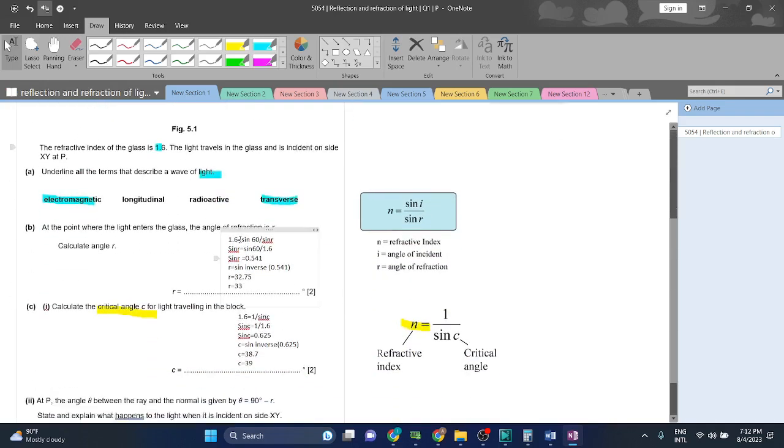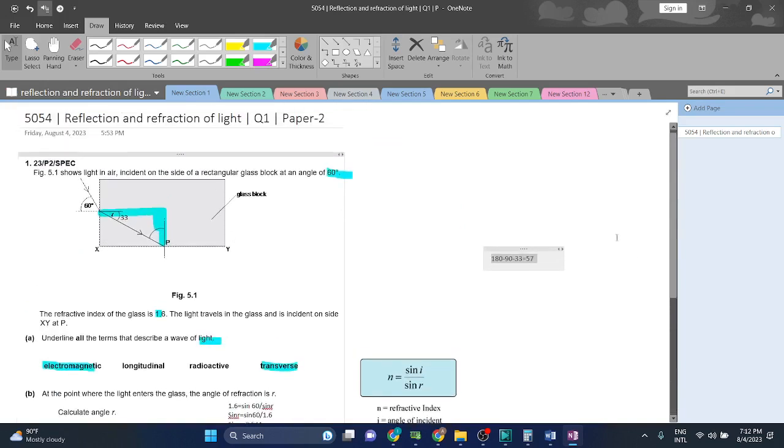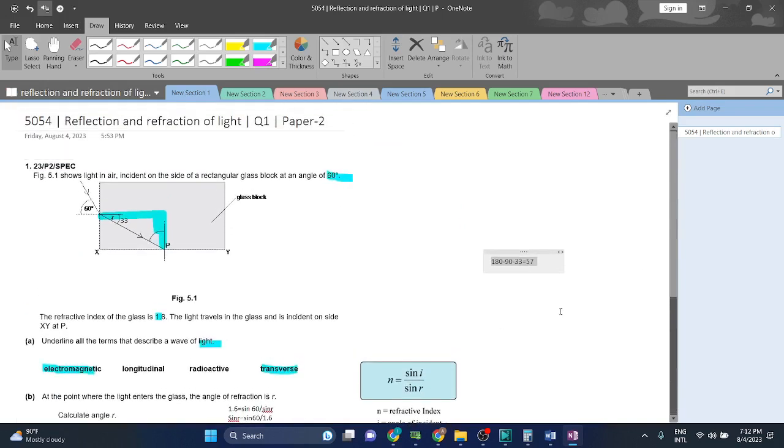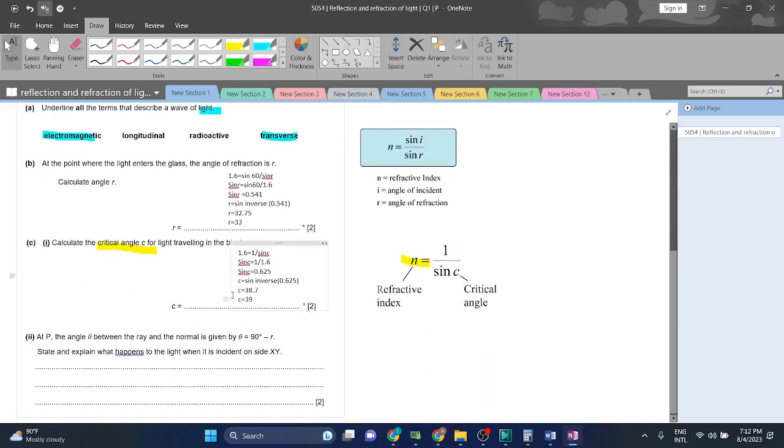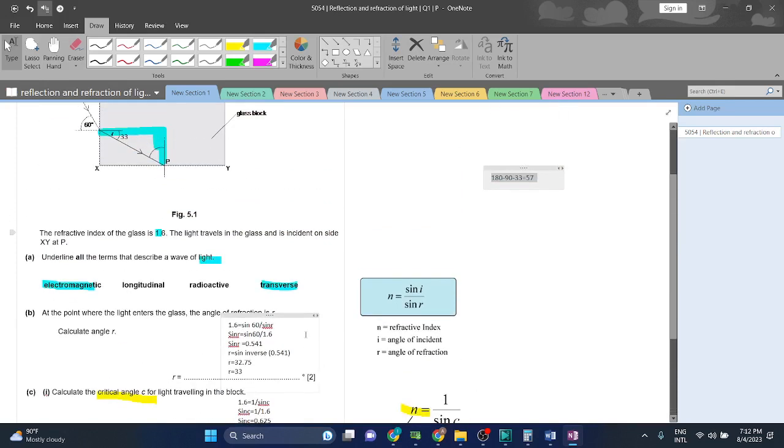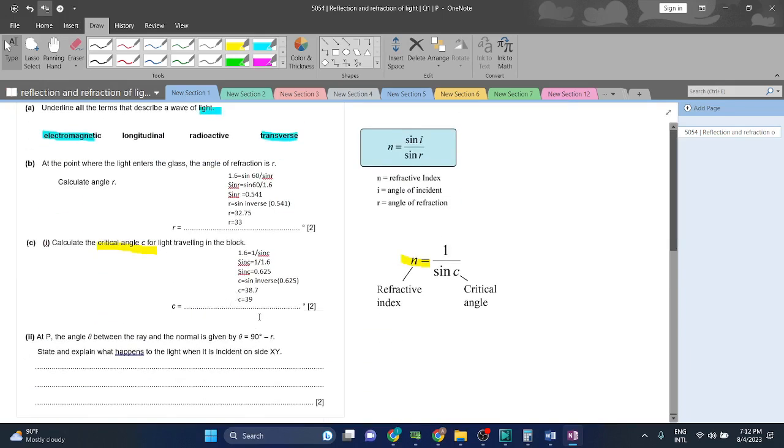As we all know, in the denser medium, when the angle of incidence is larger than the critical angle, what happens is total internal reflection. Whenever in a denser medium the angle of incidence is larger than the critical angle, total internal reflection happens.